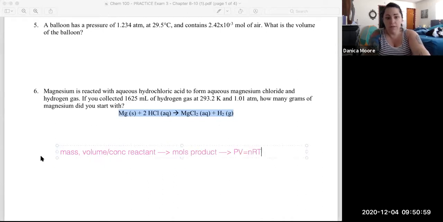So that's one type of problem where you're given the mass or the volume and concentration of a reactant. You need to find the moles of the product and then use that in your PV equals nRT equation, right?